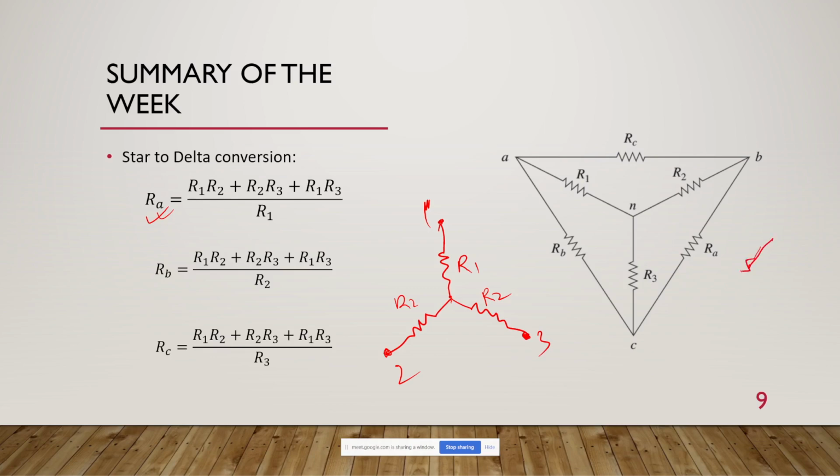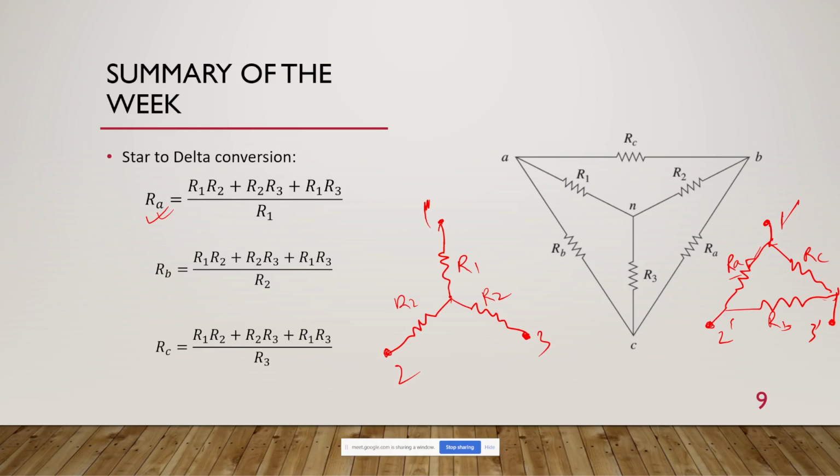Suppose this is the delta connection, and this also has 3 terminals coming out of it: 1 prime, 2 prime, 3 prime. Basically you want to find out what these 3 resistors RA, RB, RC are in terms of R1, R2 and R3, such that their terminal characteristics remain the same.